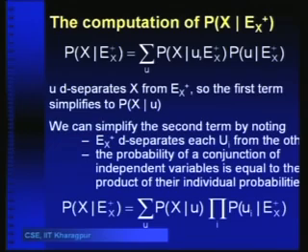So, using that, we simplify the first term here, P(X, U | Ex plus), as P(X | U). This we can do because U is deseparating Ex plus from X. Then the second term can be simplified.